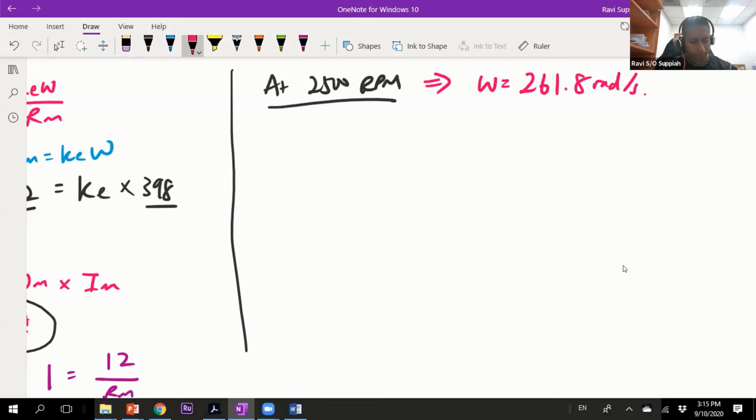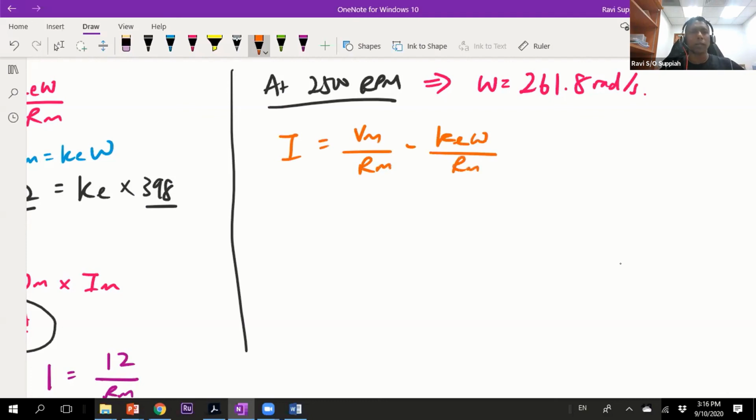Let's look at all the things we need to calculate. The first thing we can calculate is, for example, I. We know the formula Vm over Rm minus Ke omega over Rm.